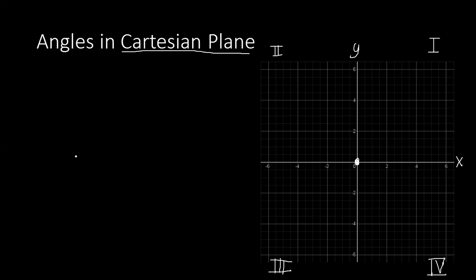Think of it as if it is a protractor, the way you will measure angles.